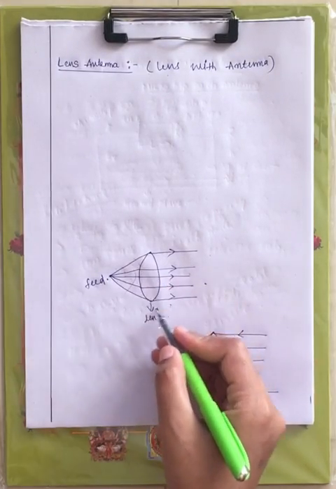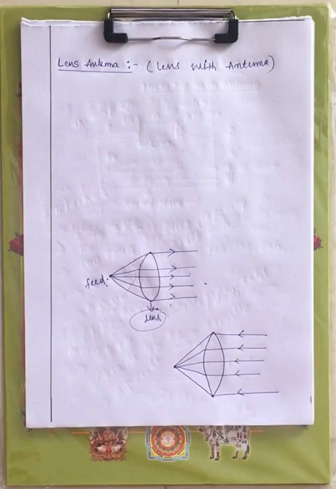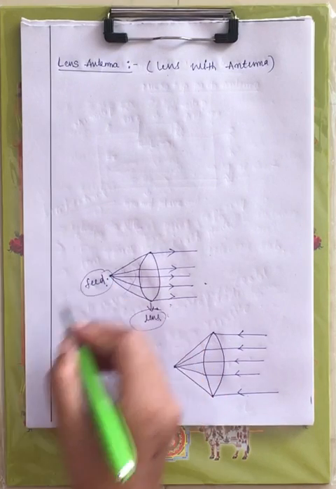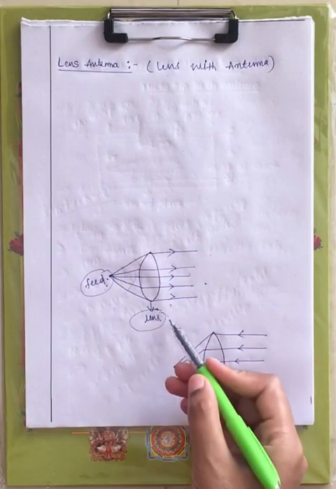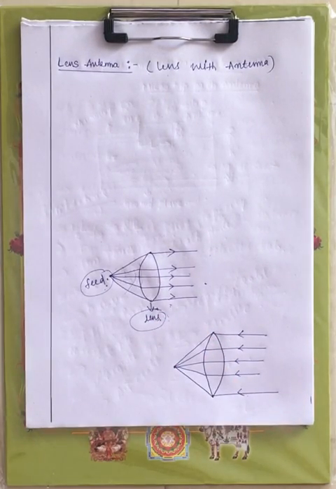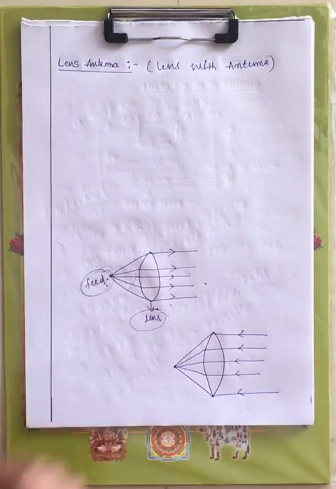To the lens you won't provide any input, that's why it is a parasitic element, and we have the antenna as the feed, which is an active element. This is a parasitic element because there is no feed to the lens, and where you provide the input is called the active element.